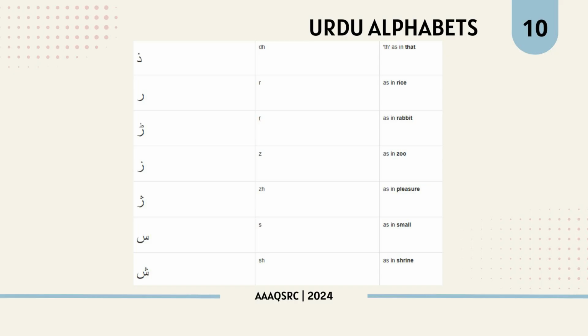The next alphabet we have is dal. It looks like a half crescent. Dal sounds like D, as in dove.